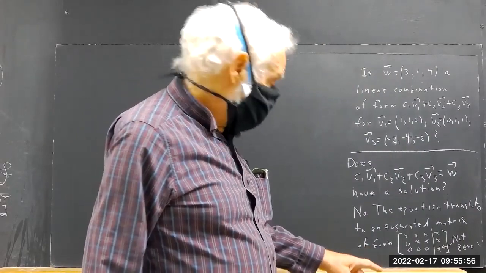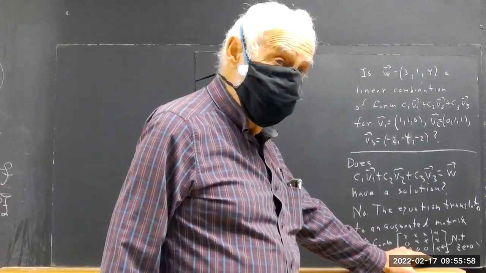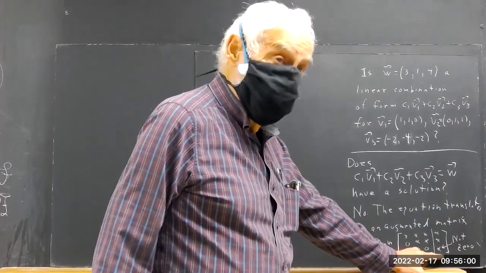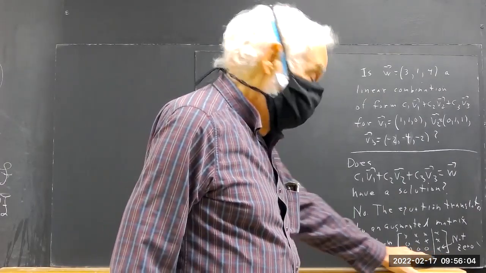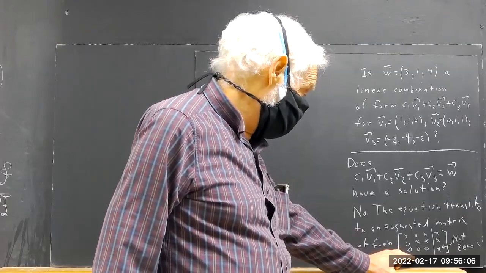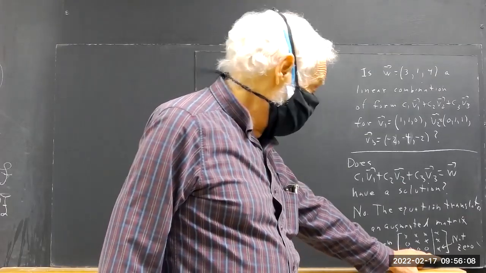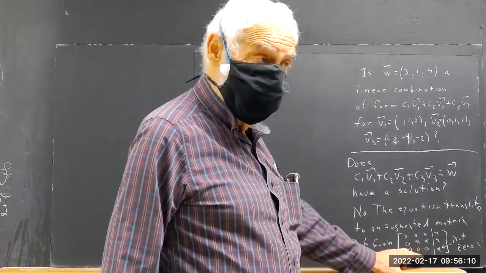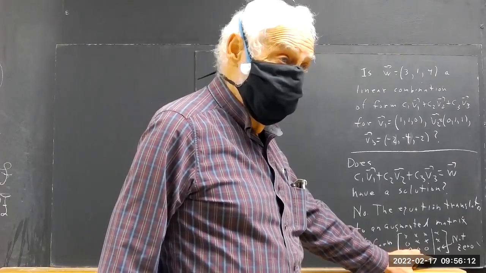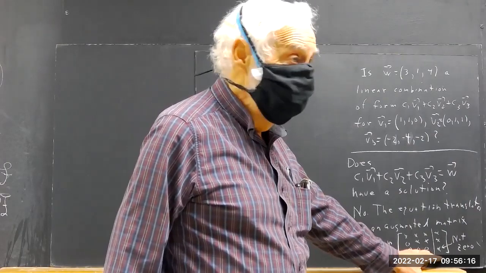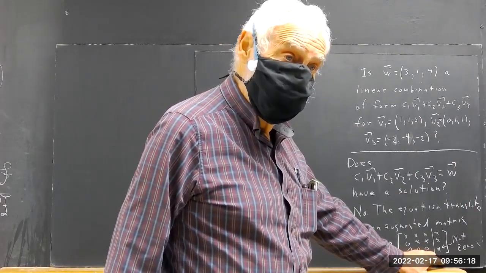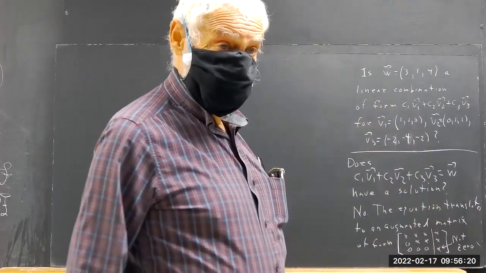That translates to an augmented matrix, and you reduce it, and it comes down to this form. This thing over here isn't zero. And this, of course, means that 0x1 plus 0x2 plus 0x3 equals something that isn't zero. But 0 can't equal something that isn't zero. So it doesn't happen. Okay?